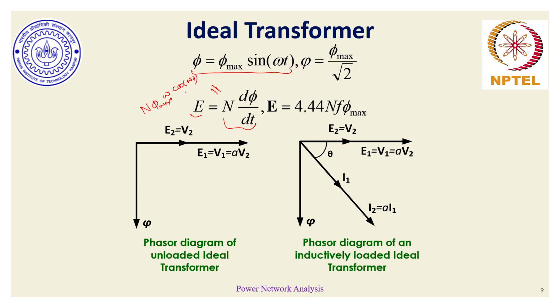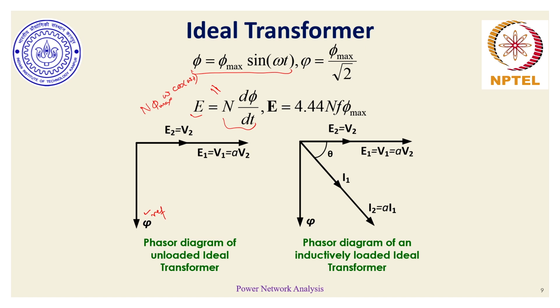And if we recollect our discussion on phasor diagrams, sine wave and cos wave are phase apart by 90 degrees. So if I choose phi, which is the flux in the core, as a reference for my phasor diagram, the corresponding induced EMF on the primary and secondary side for an ideal transformer would all lead the corresponding flux.